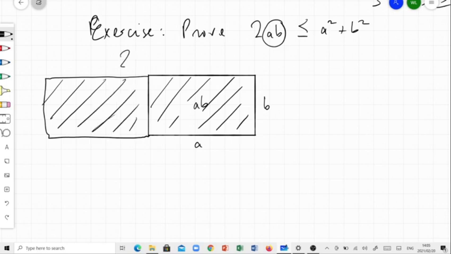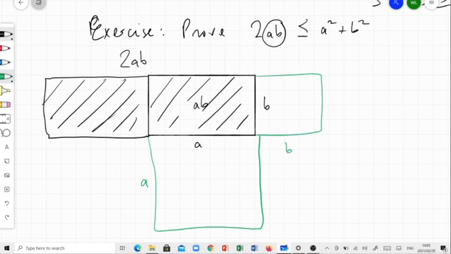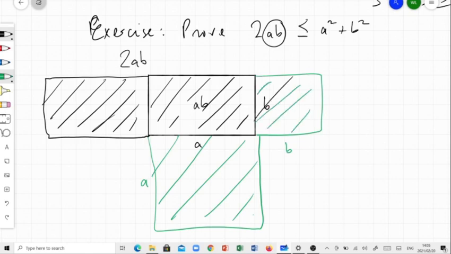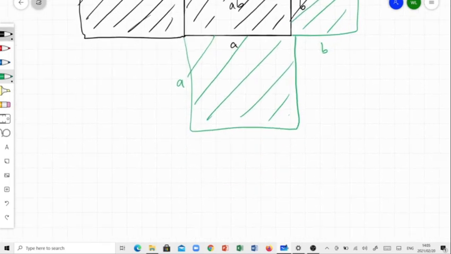So this is what 2AB is. Now, let's say I consider the squares A by A and B by B, the greens. The sum of these two squares, the green area, B squared plus A squared, will dominate double of AB. So let's actually prove this.